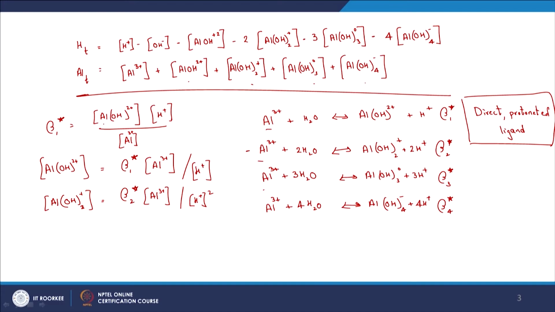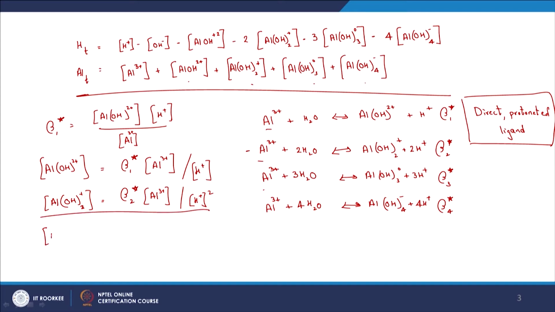So it's going to be equal to the product of the activities of your products, right. So it's going to be Al(OH)2 plus charge to the coefficient, which is 1, into the concentration of H+ to the power of 2 by Al3+. So that's why we end up with this particular equation here.